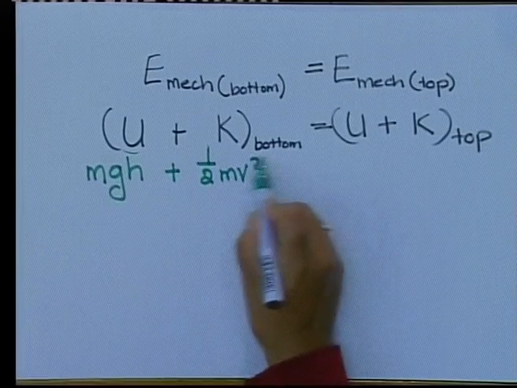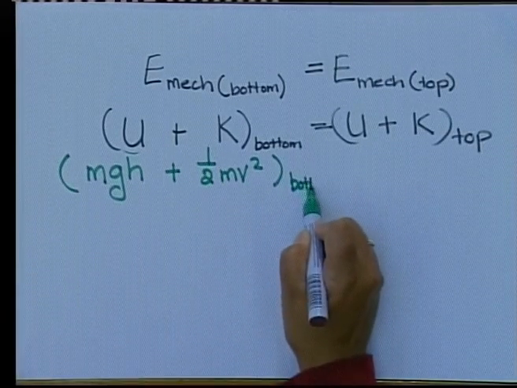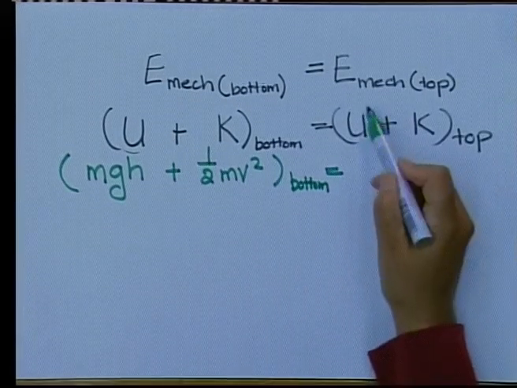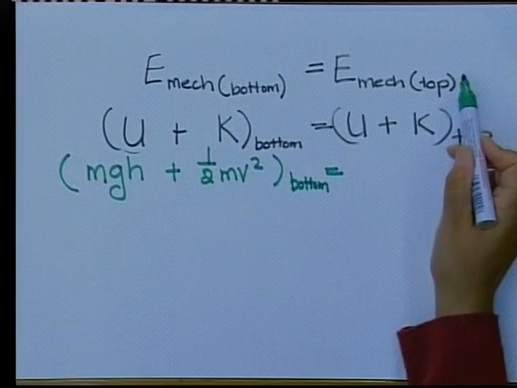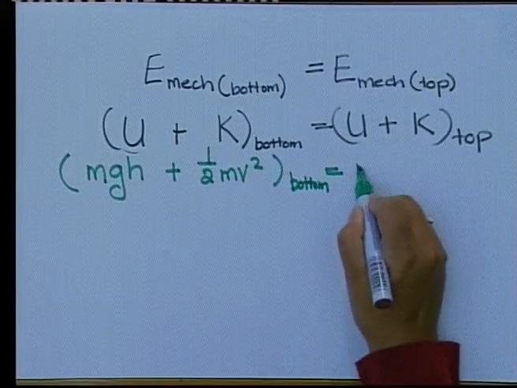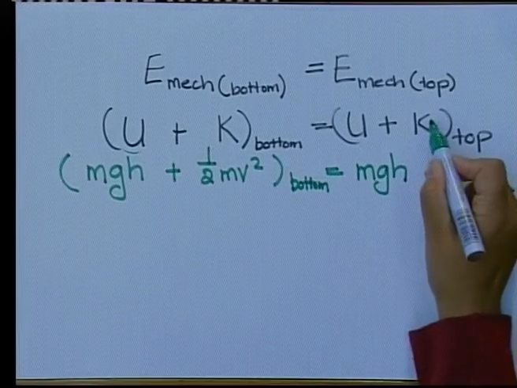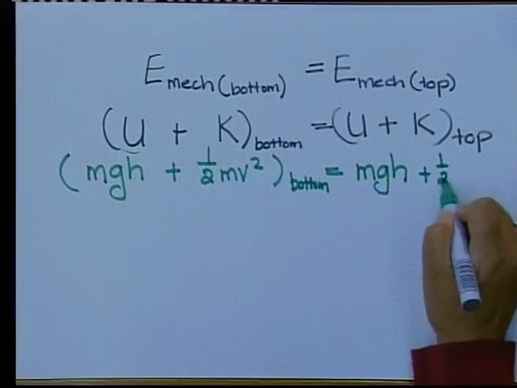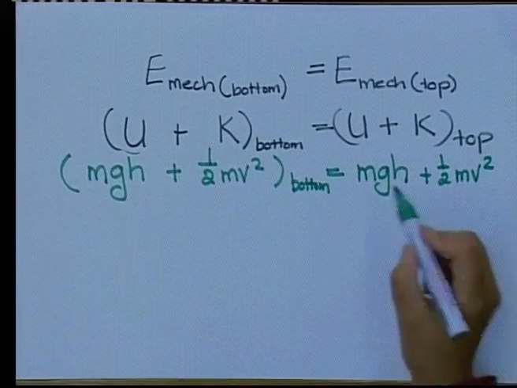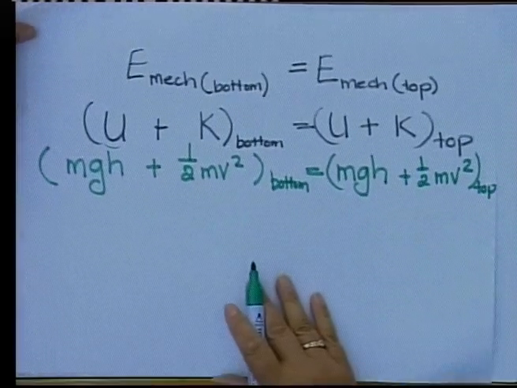And remember that this whole section here is still at the bottom. The gravitational potential energy at the top is still mgh, and the kinetic energy is always half mv squared. And this is going to be at the top, so we're going to use the information at the top.